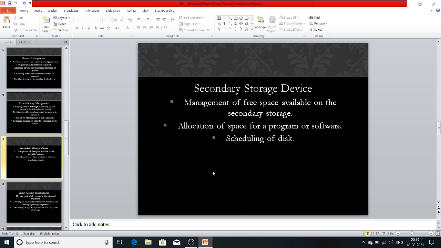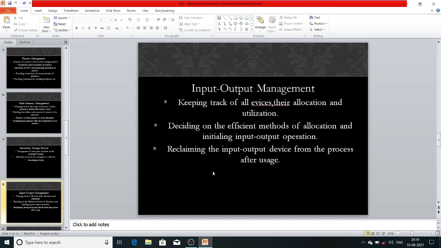Next we have to discuss input output management. In input output management, many input and output devices or other peripheral devices may be attached to a particular computer system. Each of these devices has its own method of handling data. One of the main aims of the operating system is to hide the specifications of specific hardware devices from the user.